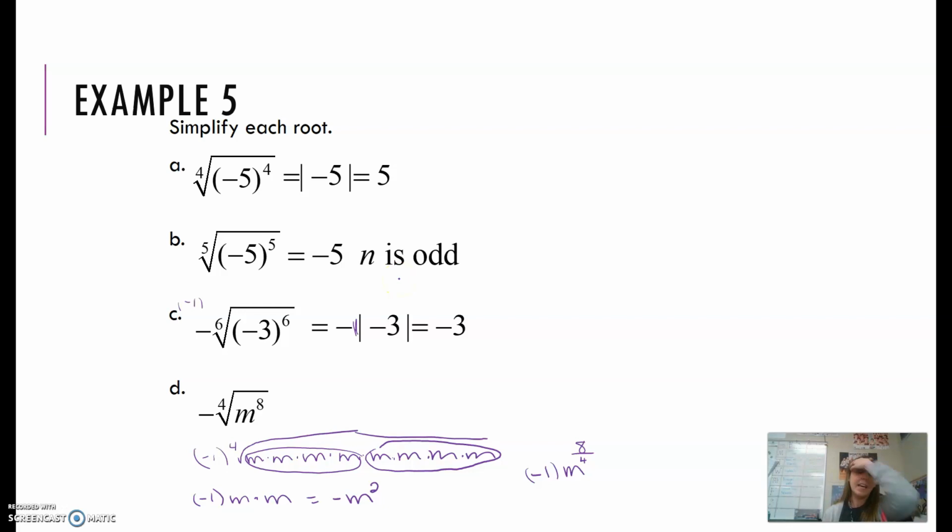Remember I said if we're doing a difference of squares and it's divisible by 2, we're going to divide it by 2. So this is where that's going to come into play, and I end up with negative 1 times m squared, because 8 divided by 4 is 2, so we get negative m squared. So my n is even, and then I multiply negative 1 by m squared. So that is how you can do it. If you have any questions, please ask in class.